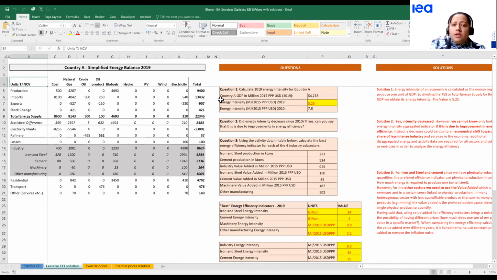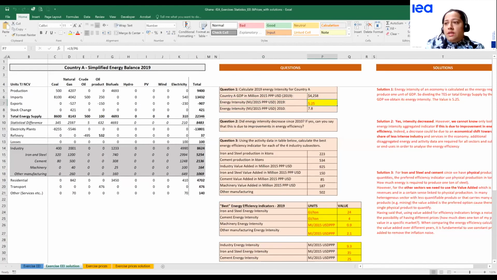The first question is, calculate the 2019 energy intensity for country A. And here you are given the GDP for country A in million 2015 dollars PPP, which is $4,258 million.